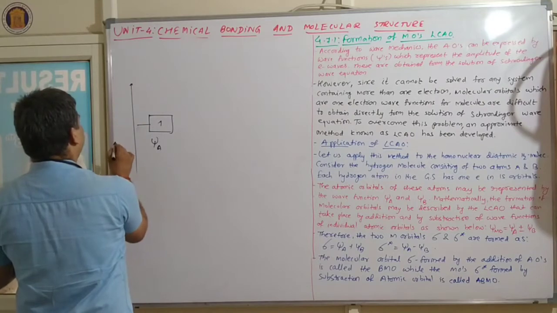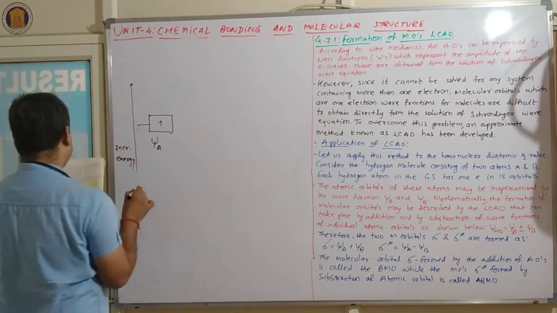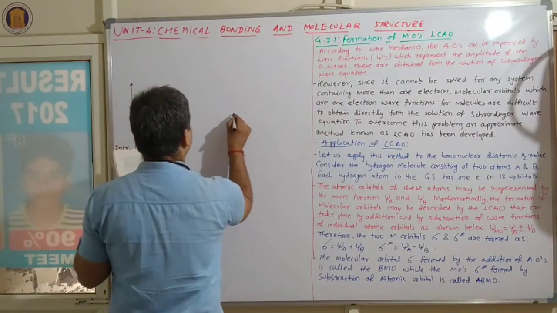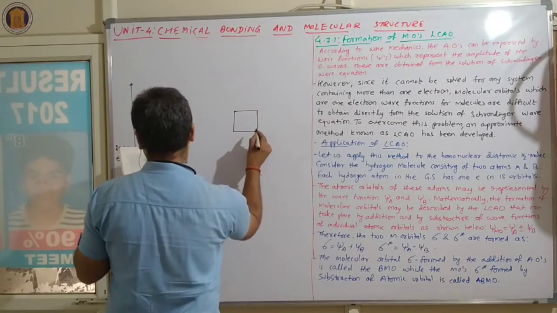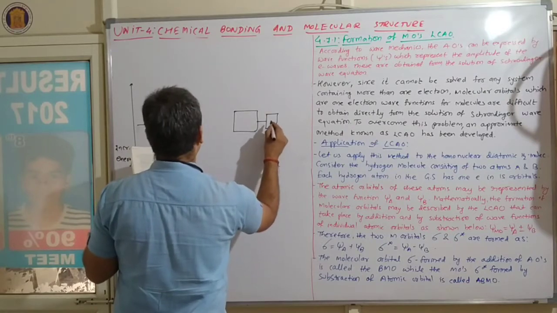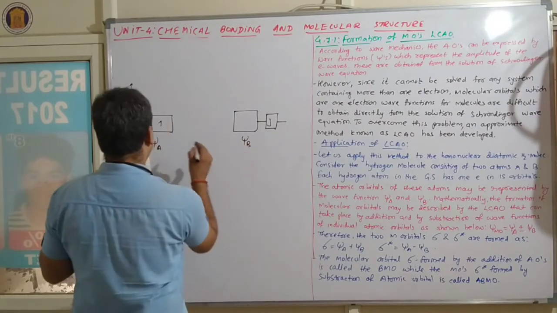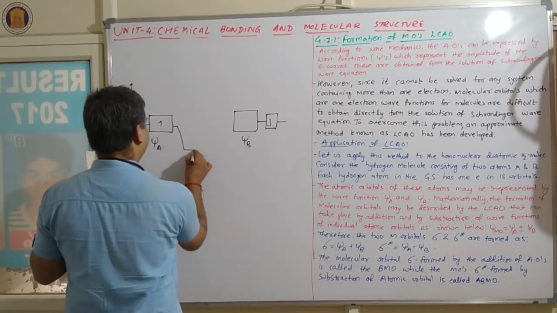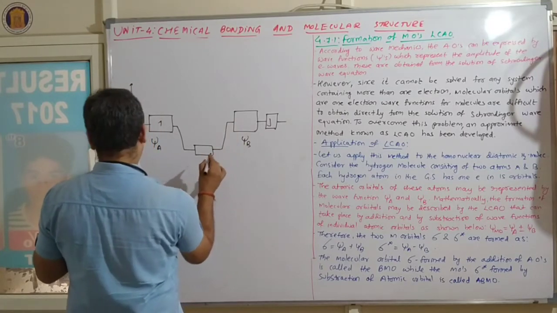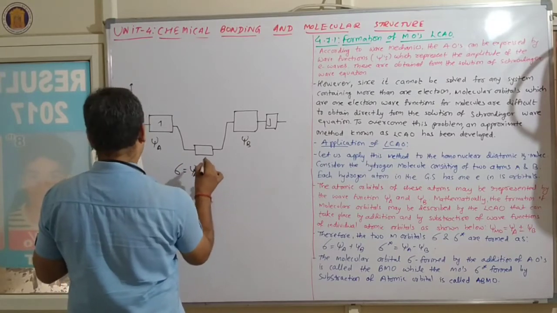Now the second one is psi B. This is the condition, sigma is equal to psi A, psi B.